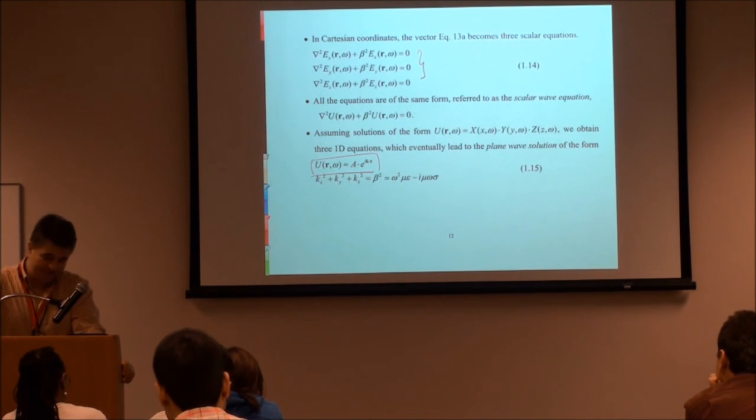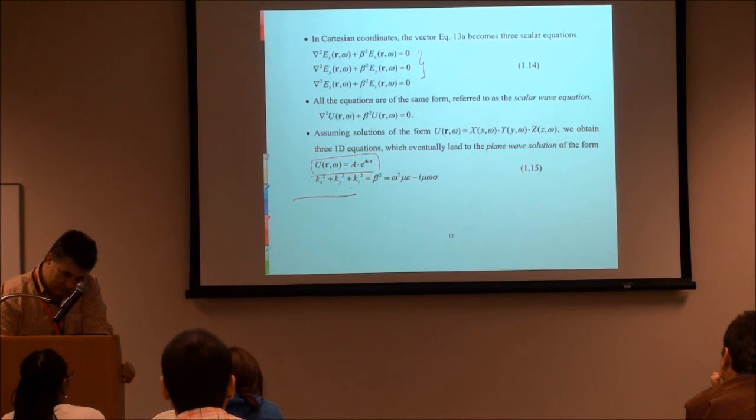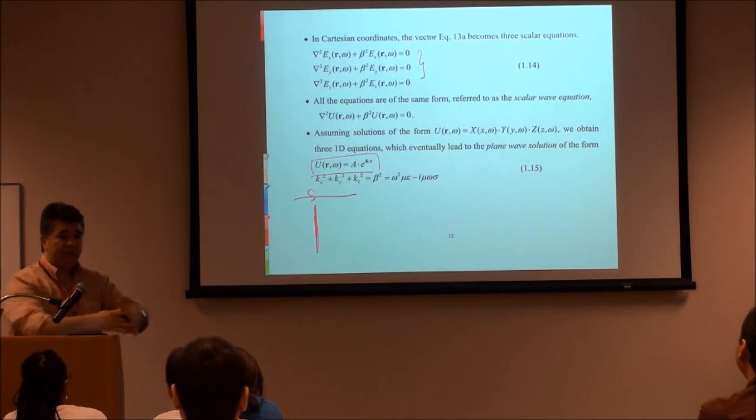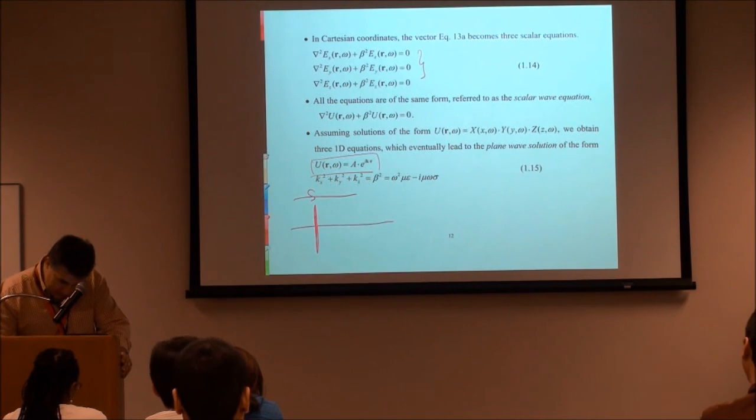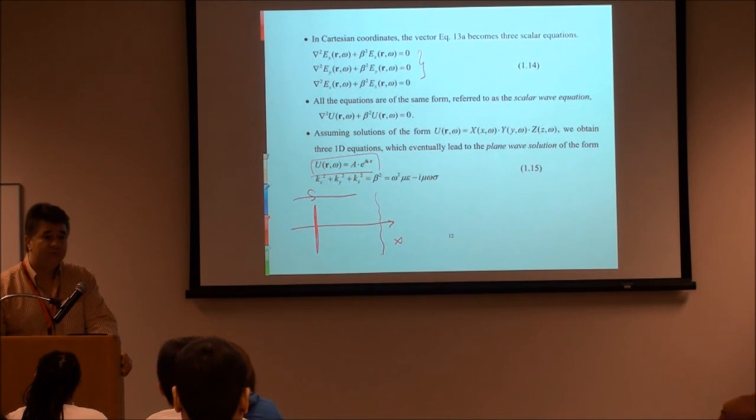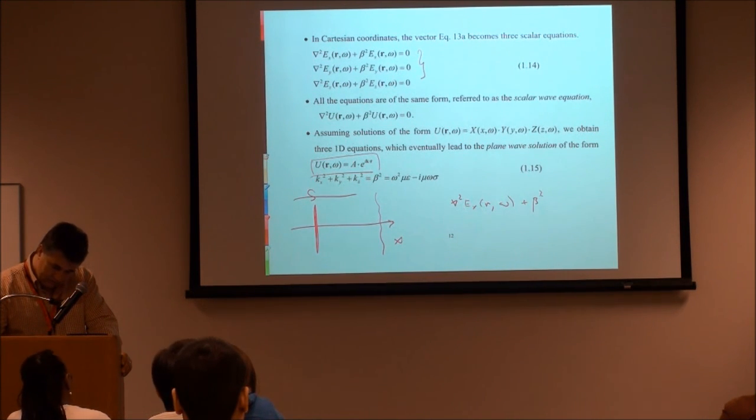That means this is the problem. I have, let's say, a source that's infinitely wide at a certain position in X, and I'm trying to find the field far away from that source. How do I solve this? Well, I have my little equation here, Laplacian of E of R and omega plus beta squared.